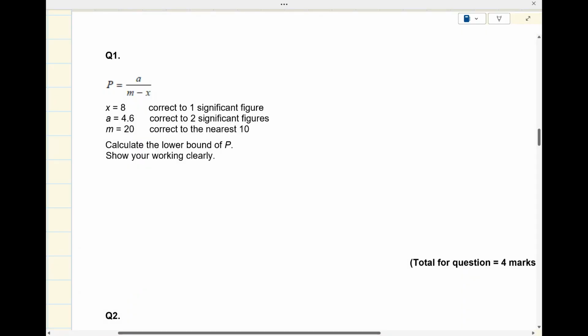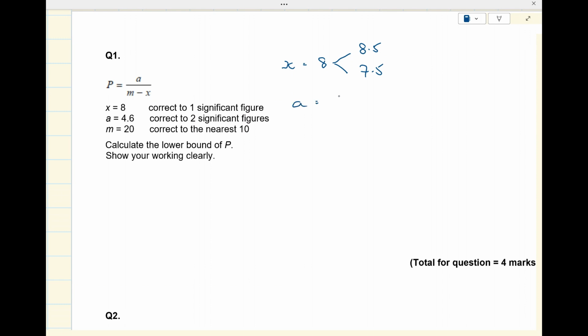Question 1. Right, now the first thing I'm going to do is to ignore all of this. And I'm simply going to write down the lower and the upper bound of each of my variables. So x equals 8 to one significant figure. So that's going to be an upper bound of 8.5 and a lower bound of 7.5.